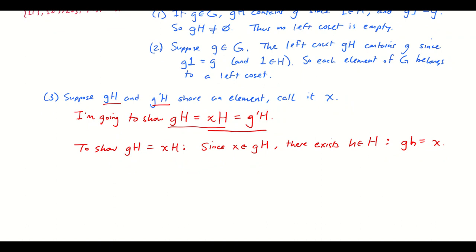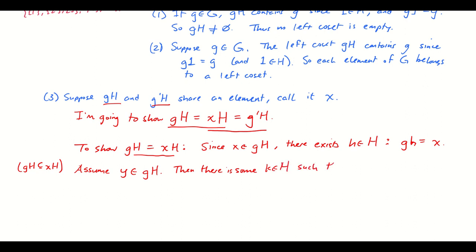All right, so to show this set equality, we're first going to show GH is a subset of XH. Not necessarily a subgroup, because cosets don't have to be subgroups, just a subset. Assume y belongs to GH. Then there is some, and I'm going to use a different letter here, k belonging to H such that y is equal to gk.